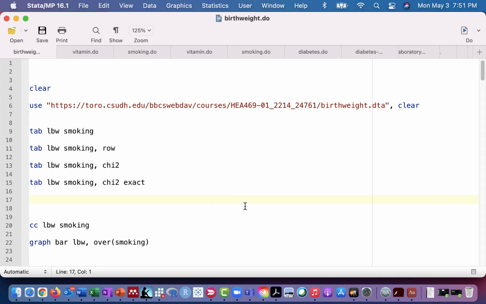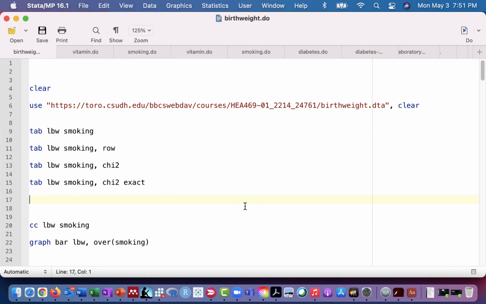Normally, a chi-square test is just looking for differences, right? So are low birth weight and smoking related? Is the rate of low birth weight different between babies whose mothers smoked during pregnancy and babies whose mothers did not smoke during pregnancy? Now, a one-sided test is where you have a bit more of a specific hypothesis. So two-sided tests ask, are they different? Is it higher or lower?